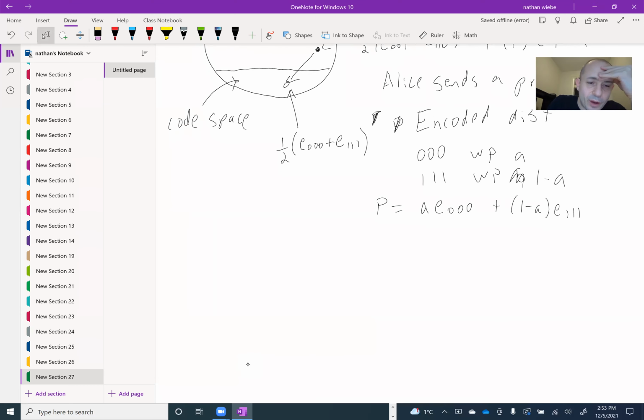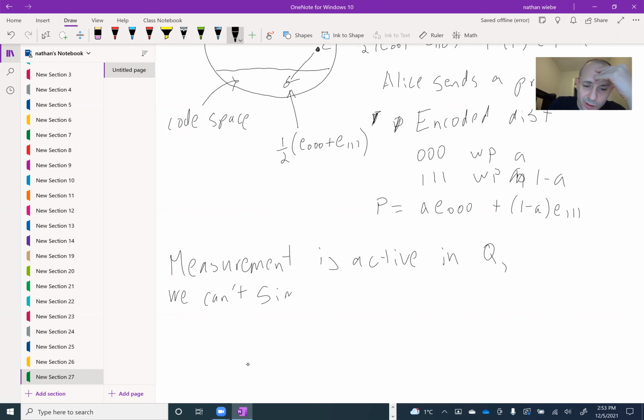So another way of putting this is, because measurement is active in quantum, we can't simply measure to apply error correction.